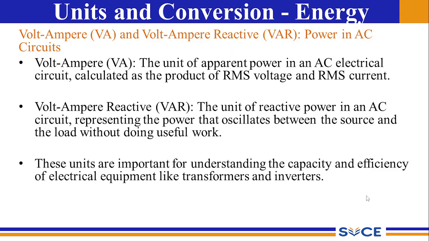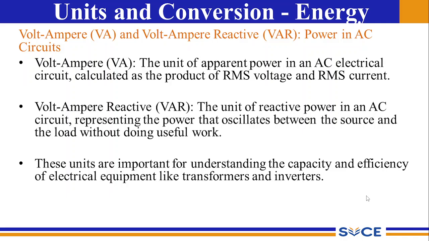Now the last one is volt ampere or volt ampere reactive, which is used in AC, alternating current power. The volt ampere is the unit of apparent power in an AC electrical circuit, calculated as the product of RMS voltage and RMS current. Okay. Now what is VAR?